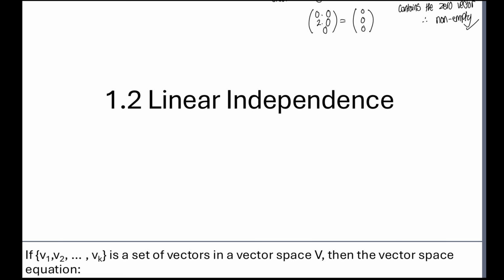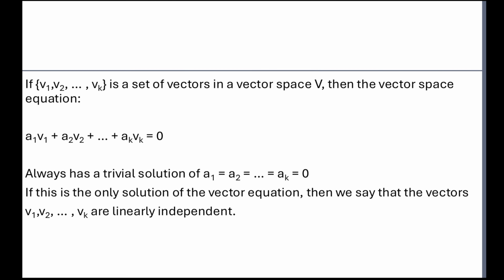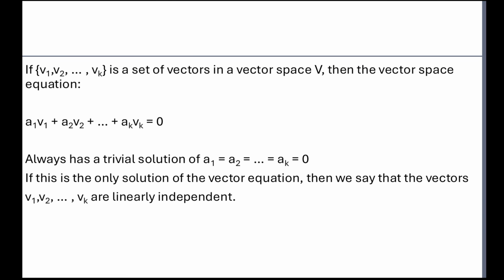Cool. Moving on. If we now look at linear independence, if we have the vectors v1, v2, and vk, which are a set of vectors in a vector space V, then the vector equation is given by a1 v1 plus a2 v2 plus all the way up to ak vk, which is equal to 0.